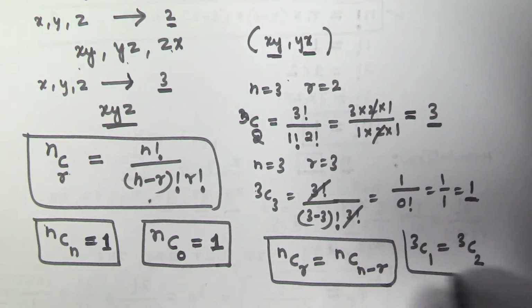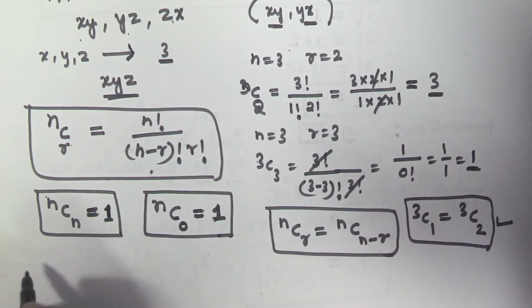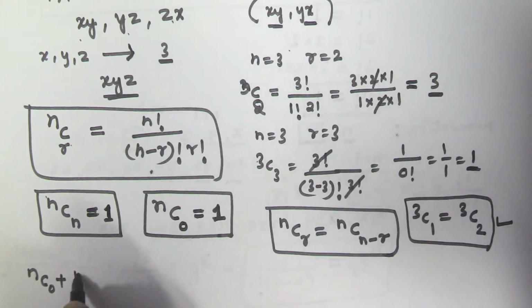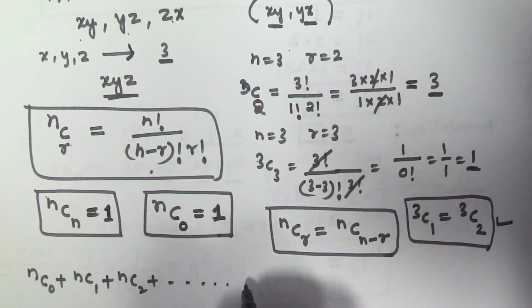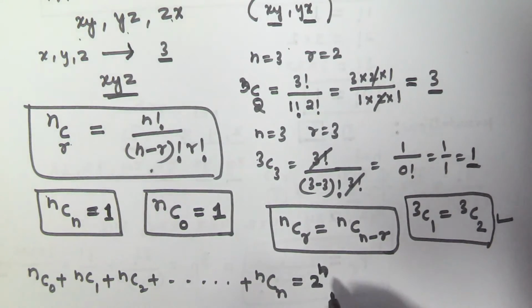If you calculate the values, these two are going to be equal. Moreover, the sum of all these values, nC0 plus nC1 plus nC2, and so on, plus nCn, is equivalent to 2 to the power of n.